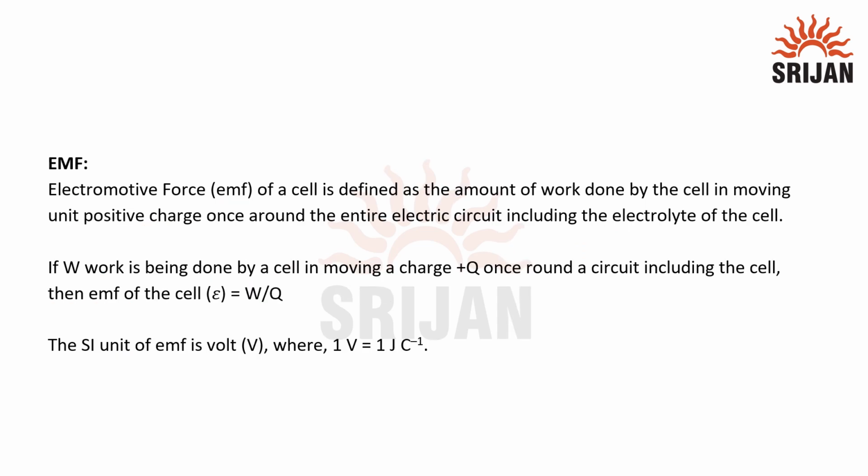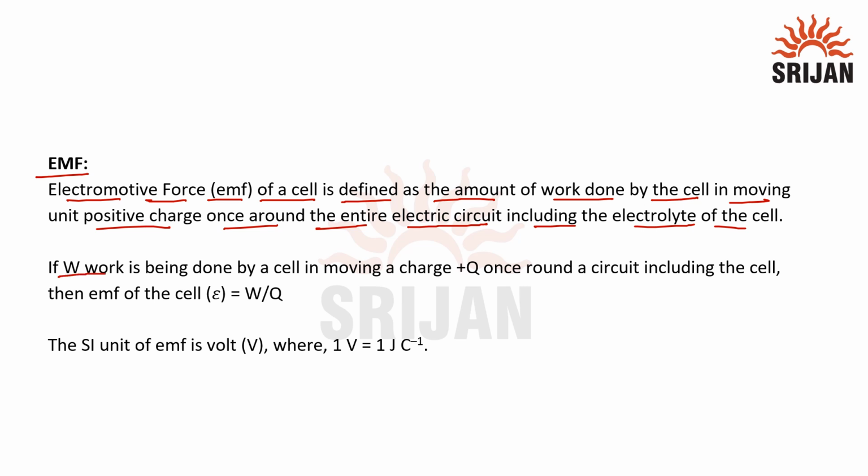Moving ahead, let's understand about EMF. Electromotive force or EMF of a cell is defined as the amount of work done by the cell in moving unit positive charge once around the entire electric circuit, including the electrolyte of the cell.